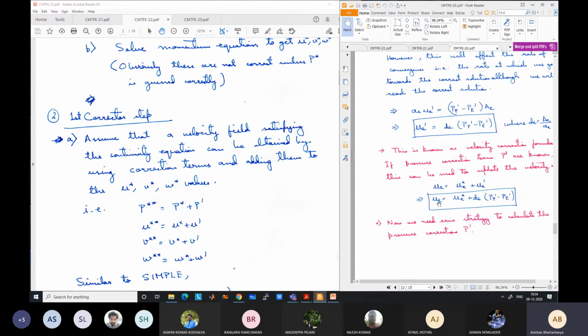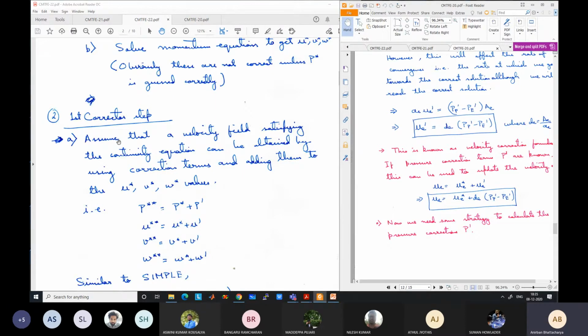In SIMPLE, we had written UE is equal to U star plus D PP dash minus PE dash, where we denoted the continuity-satisfying velocities in terms of non-star values. We will change the notation here, but the meaning will remain the same, because we have to add other steps. So we cannot just keep the same notation.